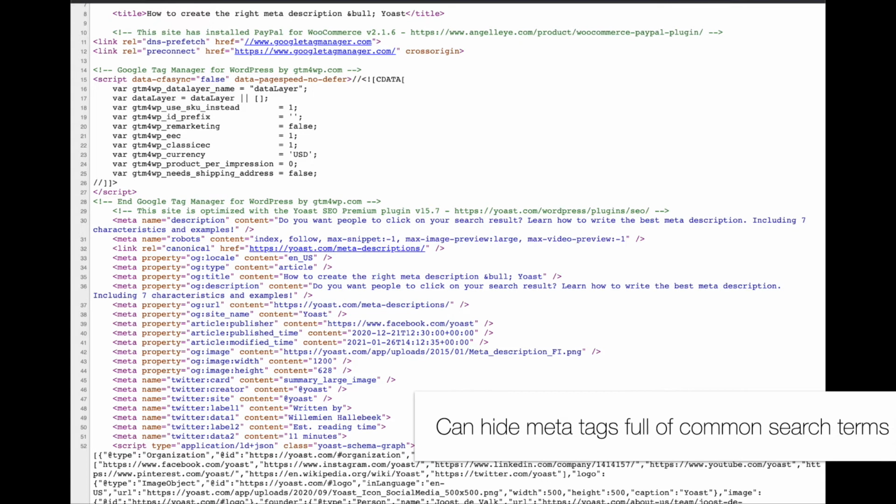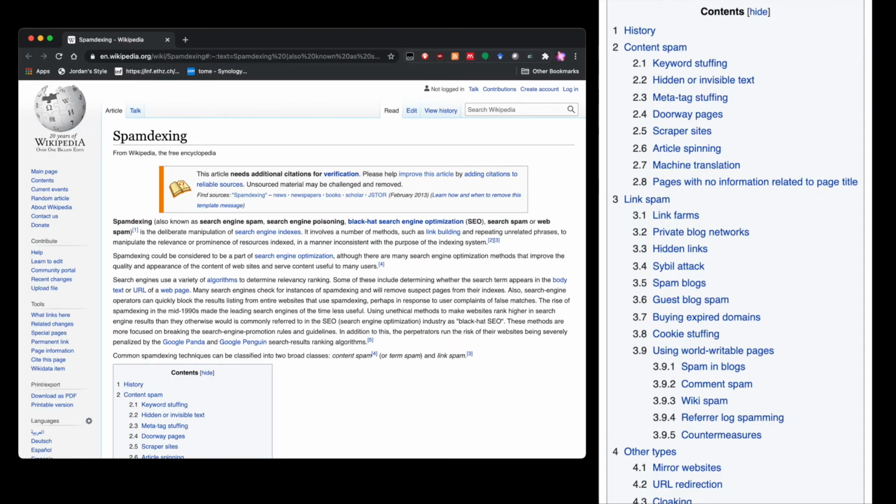It's a pretty popular term and has whole industries and positions at companies devoted to it. But the idea is that there's a lot of opportunity for people to spam search engine results through content spam, stuffing keywords that are hidden or in meta tags, and a number of other ways. There's a whole page on Wikipedia about all the different ways you can try to exploit these things.